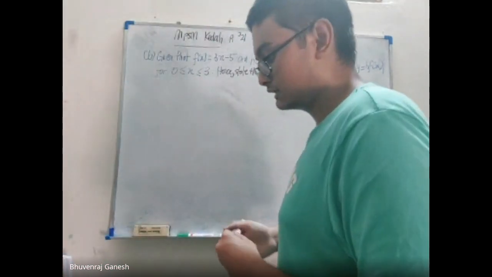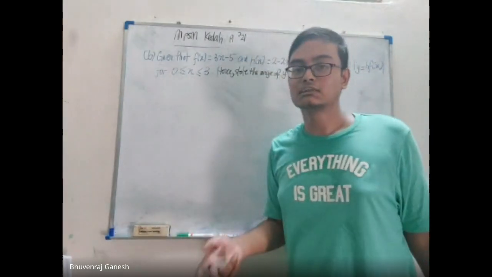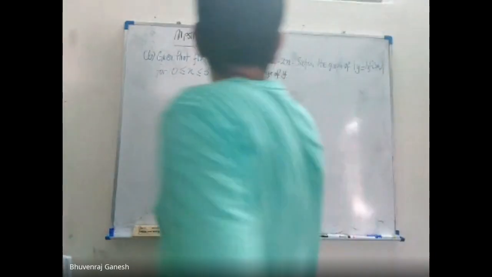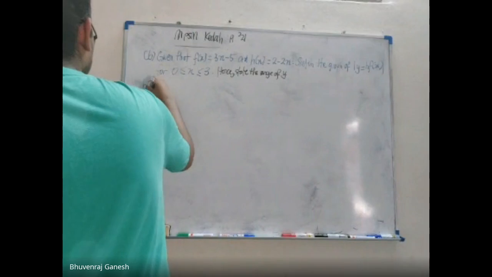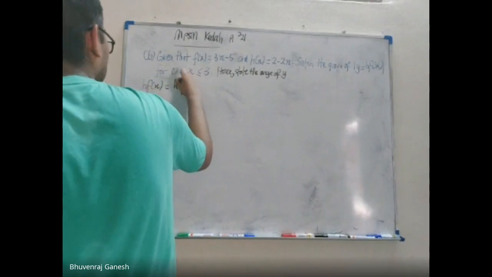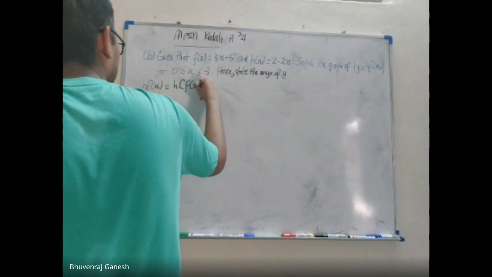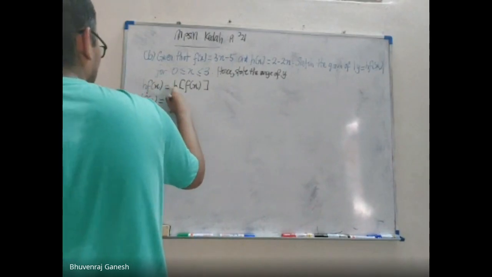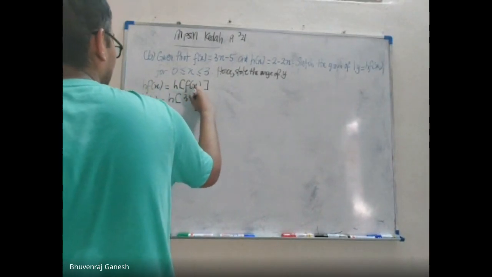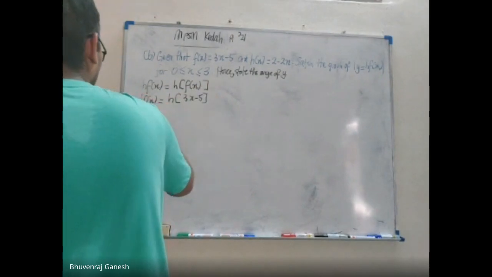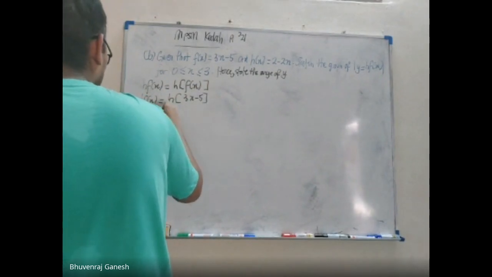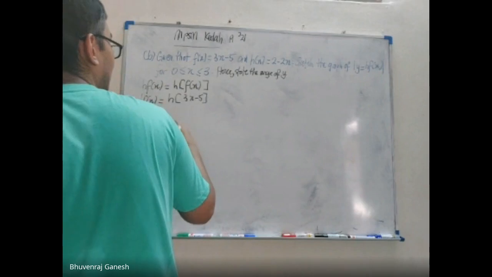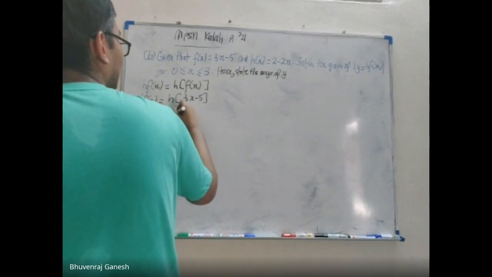So first you have to find the composite function, then only we can draw the graph. So you want to find hf(x). hf(x) is h bracket f(x). So you sub your f(x) function, 3x minus 5, which becomes the object under the h function.